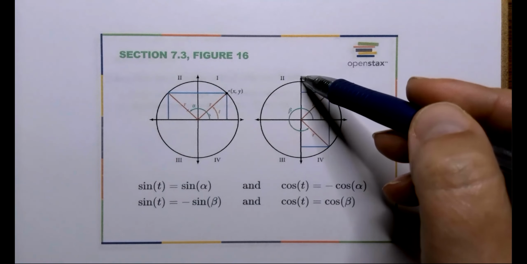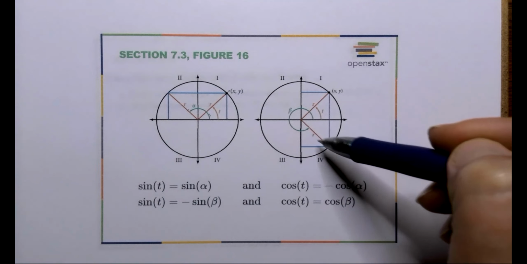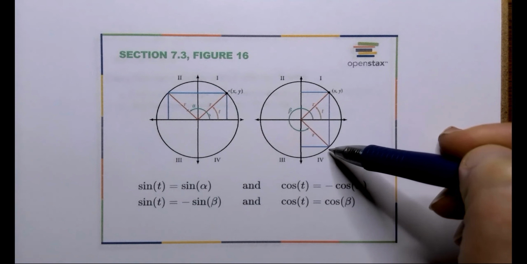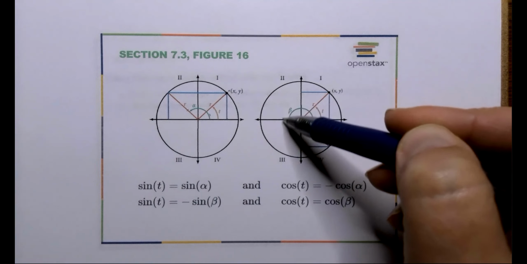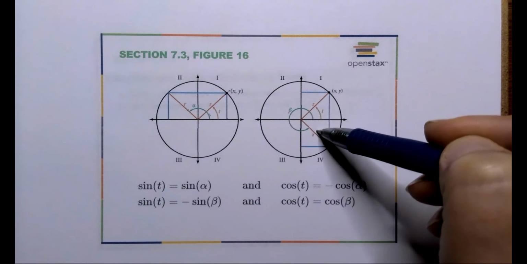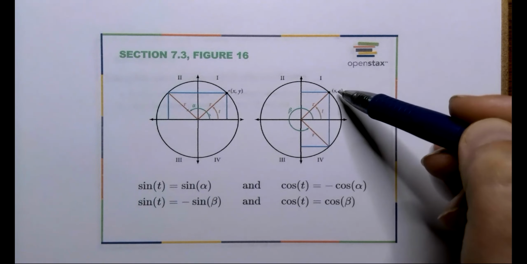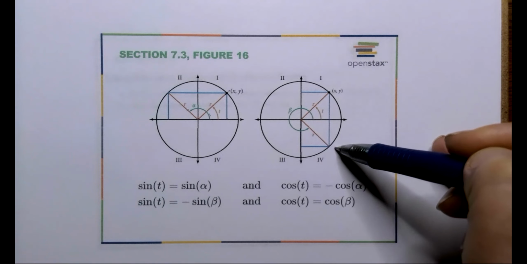And then also they're talking about this arrangement when your angle is in the fourth quadrant. So this is beta that's in the fourth quadrant, and its reference angle in the first quadrant, t. So the x values, or the sines, oh, I'm sorry, cosines, x values are cosines.